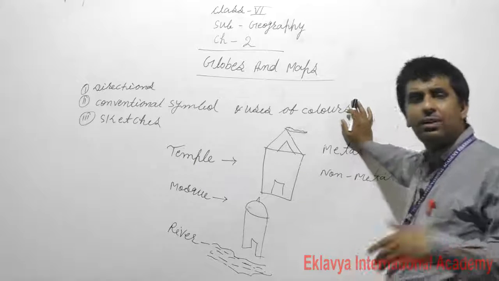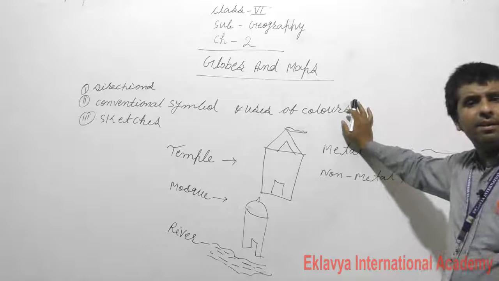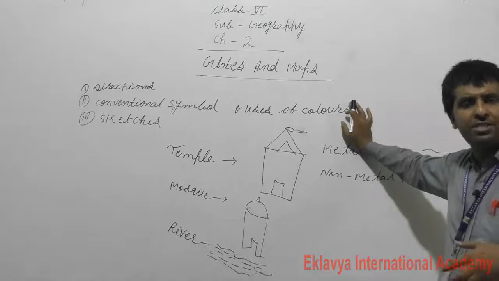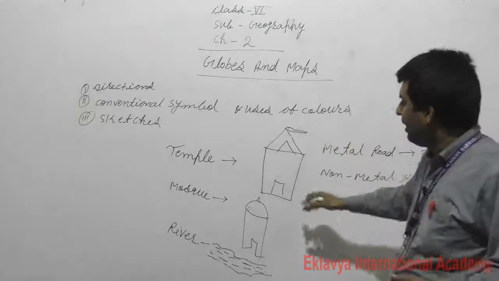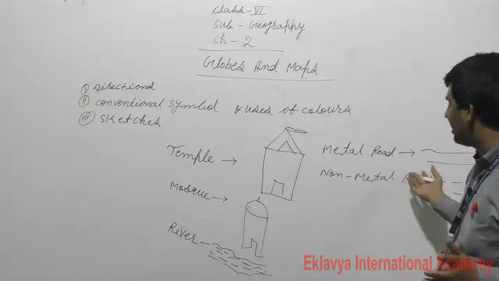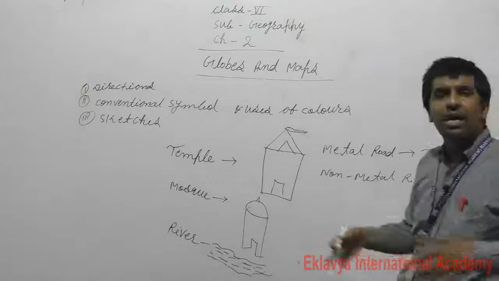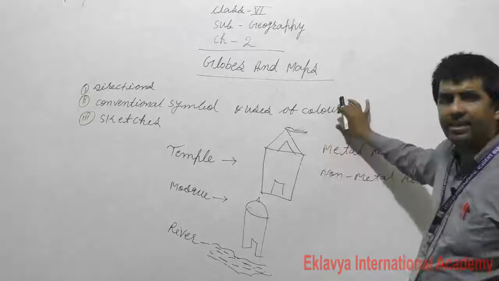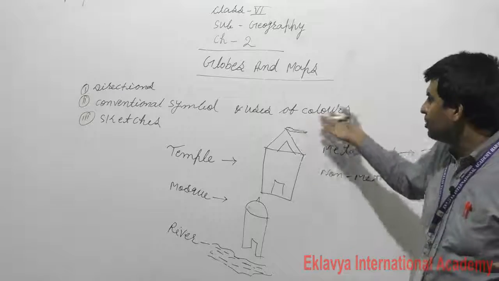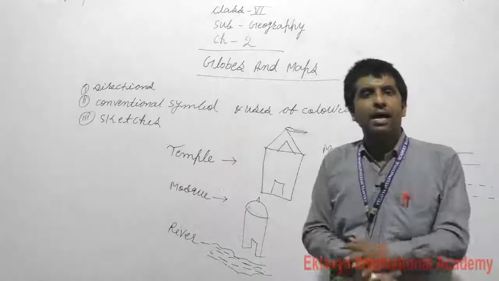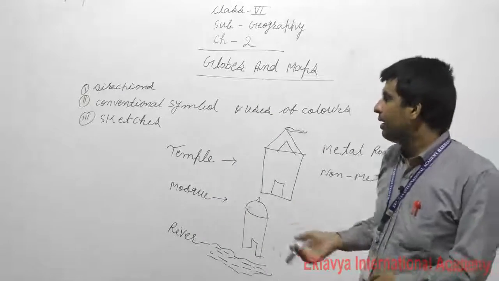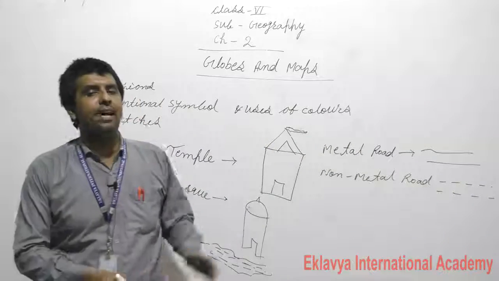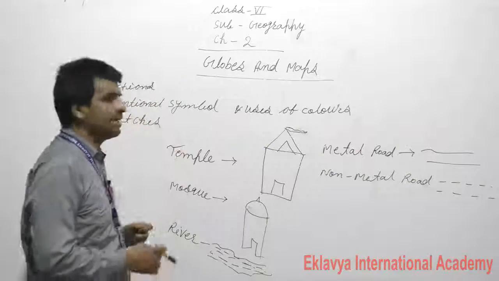So you can find out where the post office is, where the police station is, where the temple is, where the mosque is, where the river is, where the metal roads are, where the non-metal roads are. So by the help of diagrams and colors, you can define uses of colors and uses of conventional symbols. So dear students, third, I am coming to this topic, sketches.